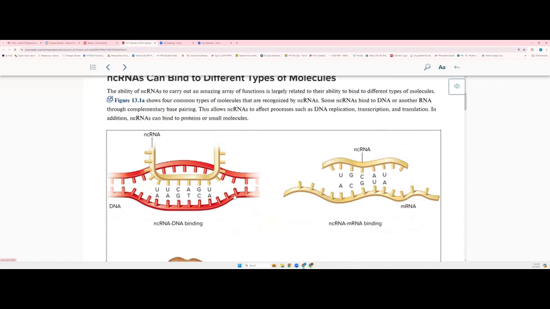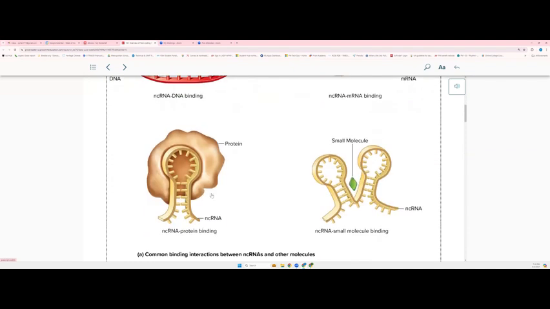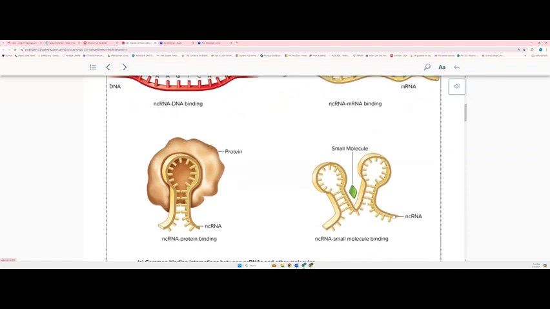First, non-coding RNA can bind with tRNA. Second, non-coding RNA can bind with mRNA. Third, non-coding RNA can bind with protein. And the last type is non-coding RNA binding to a small molecule.